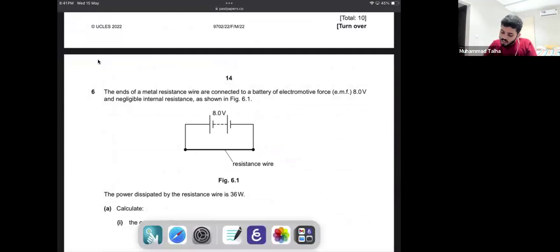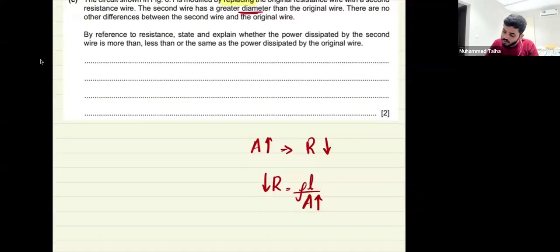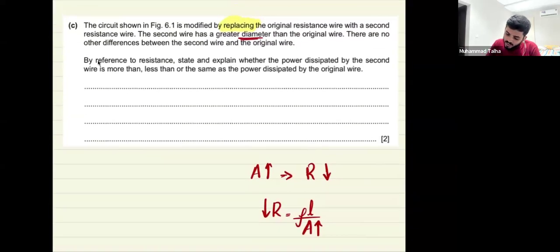So what I would say here is this wire has a greater cross-sectional area, and hence a lower resistance.